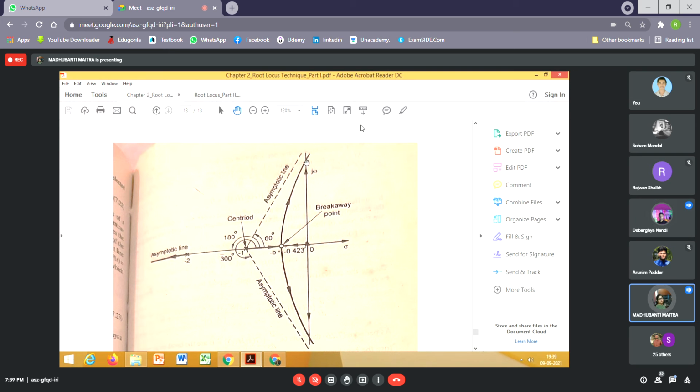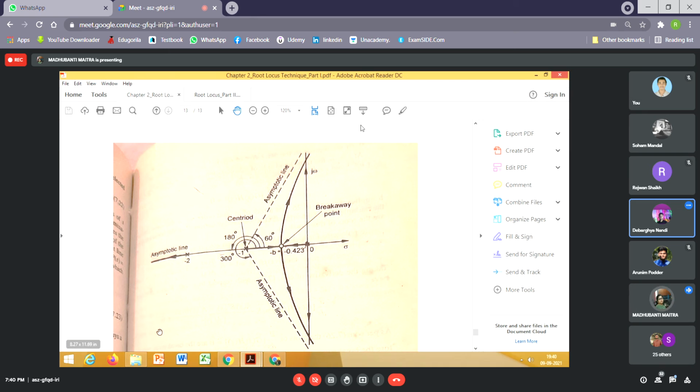Because if we increase the value of gain k beyond that particular value, two root branches will move into the right half of the s-plane. So if the value of gain k exceeds this limiting value, we get two roots of the characteristic equation in the right half of the s-plane, and the third root will always be in the left half of the s-plane, right? But since two roots will be lying in the right half of the s-plane, the system will be unstable.